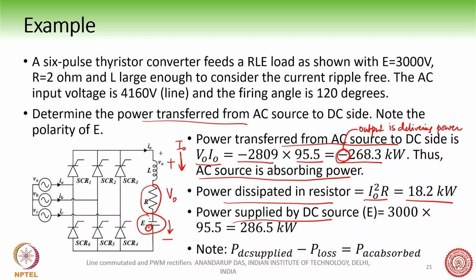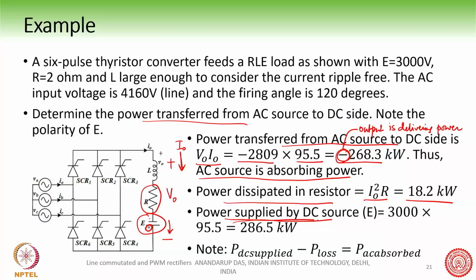When the current goes out of the plus terminal, that source is supplying power. When the current enters the plus terminal, that source is absorbing power. So the power supplied by the DC source is 286.5 kilowatt.